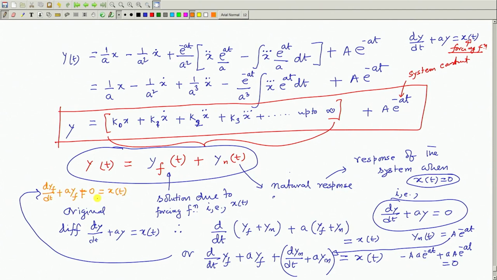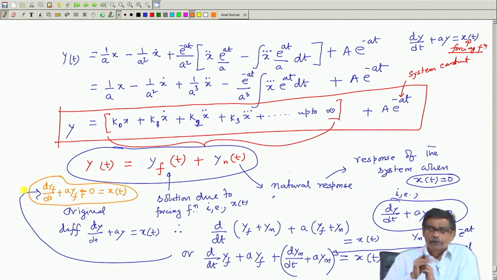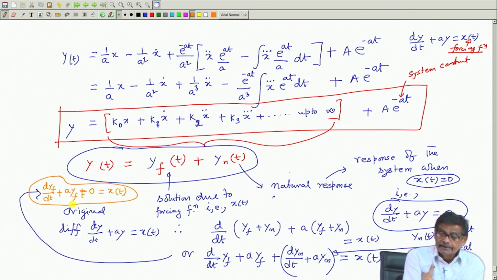So, the conclusion of this equation is this: the solution consists of two parts, the natural part, which does not depend upon excitation, and the natural part, if you substitute on the left hand side, will always give rise to 0.